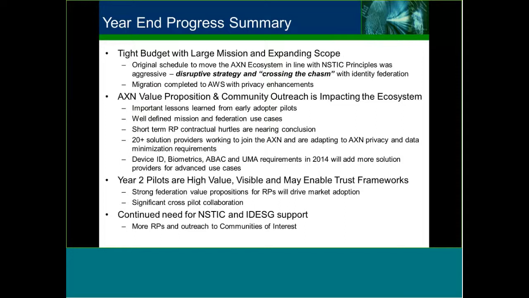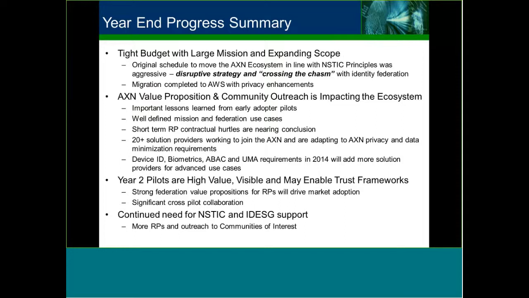We also initially built out our system on Google App Engine, but we found our pilots wanted to go production, so they wanted a more robust infrastructure. So Amazon Web Services is now where we host our pilots, in a FedRAMP compliant, moderate environment.